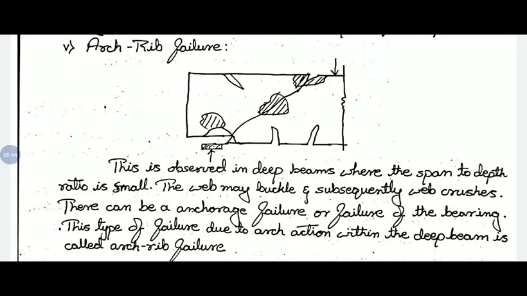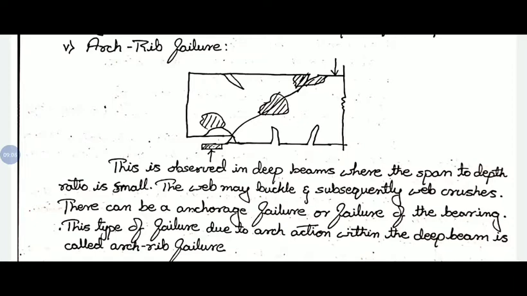So this type of failure is majorly observed in deep beams, the beam which is having more depth, or if the L/D ratio is small, obviously the depth will be more. So in such cases the arch rib failure will occur.